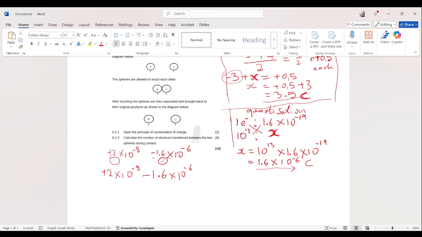Remember, these are just electrons introduced, not an object. So these electrons will decrease the positive charge.